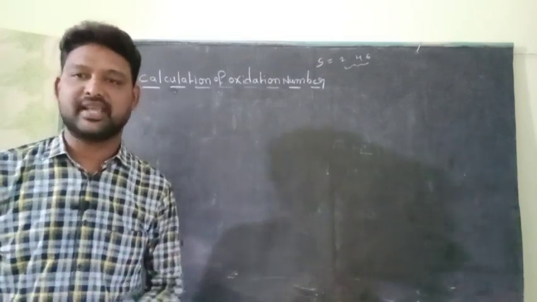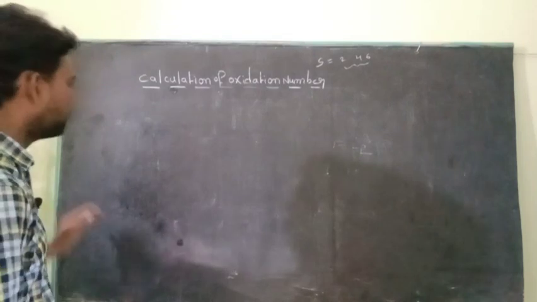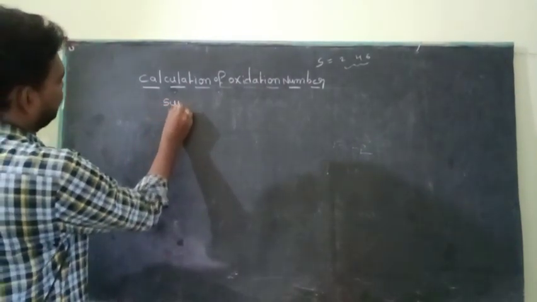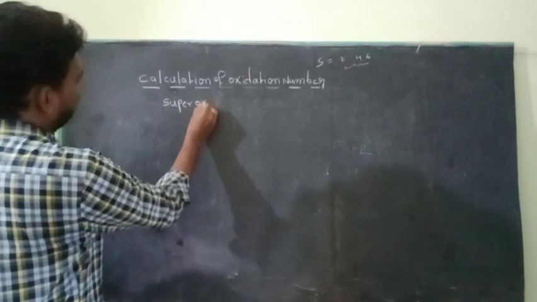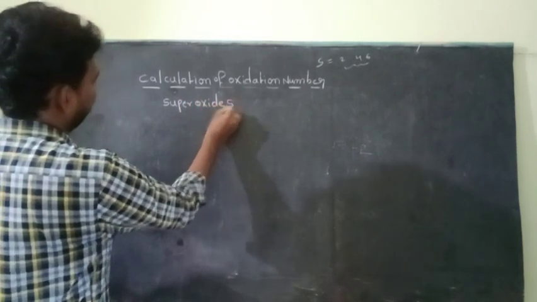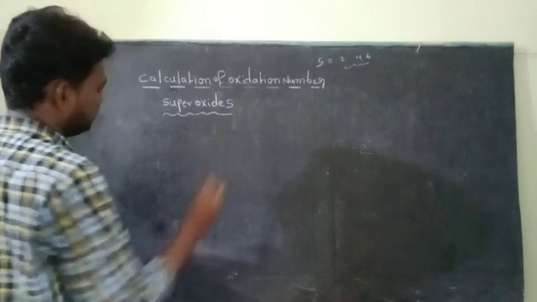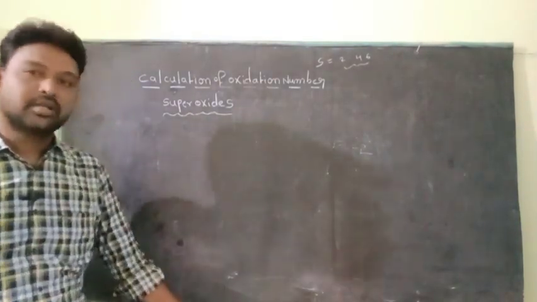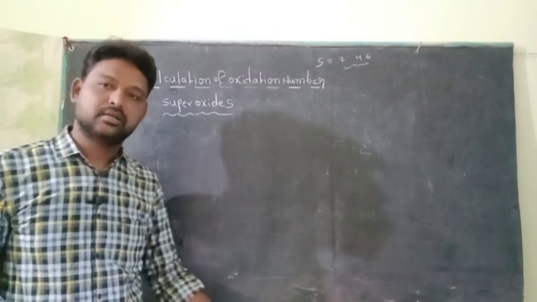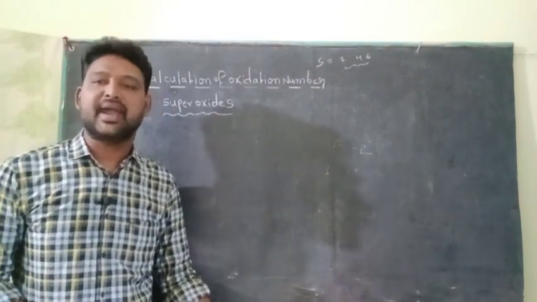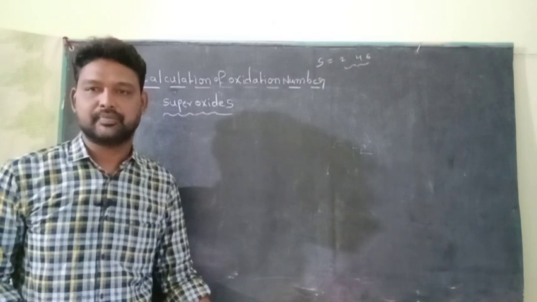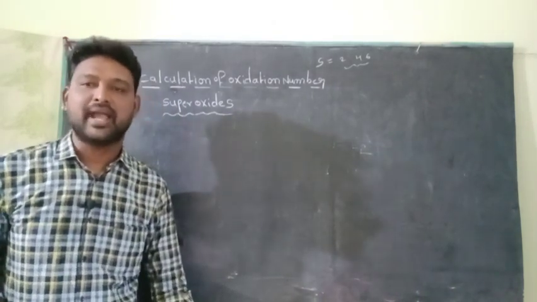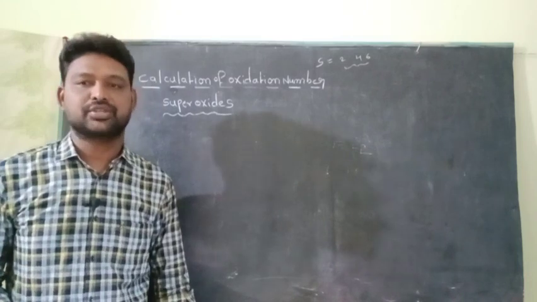In superoxides, each oxygen has minus 1/2 oxidation number.